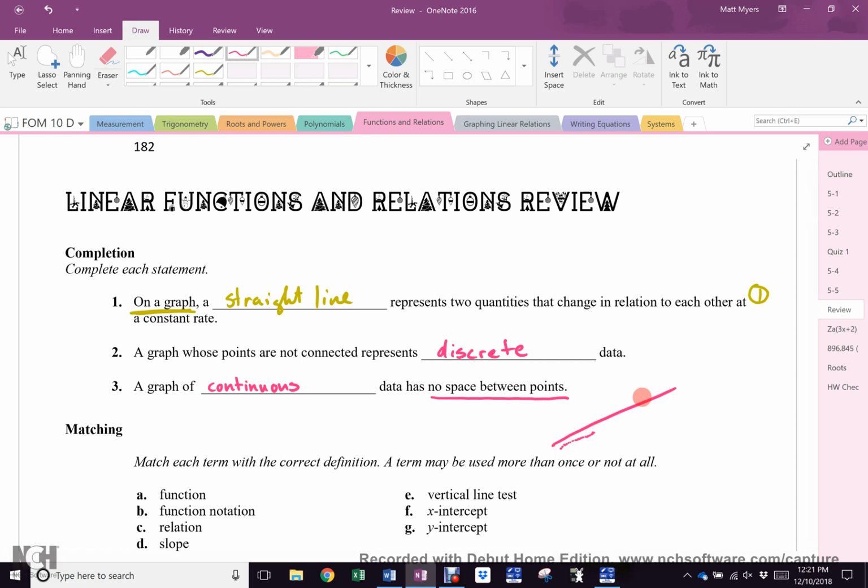Each millisecond in a cartoon is a still picture, but they are placed so close together that your brain sees them as a straight line. That is what continuous data is. Okay? Okay. 1 total out of 3.